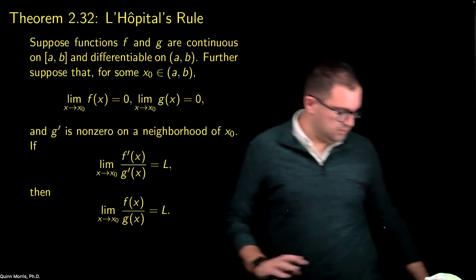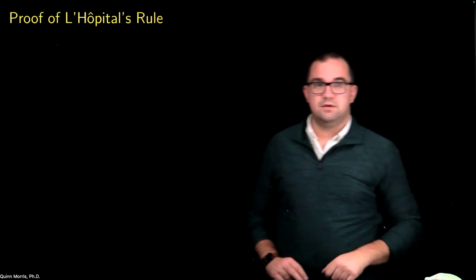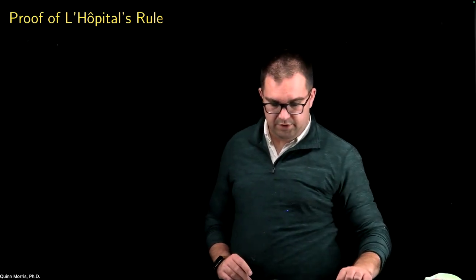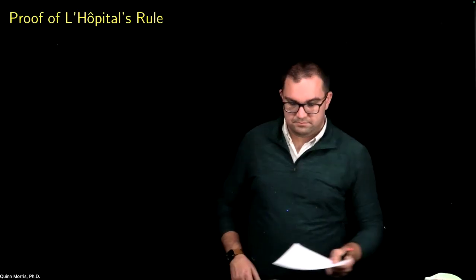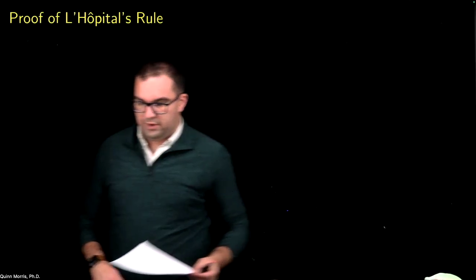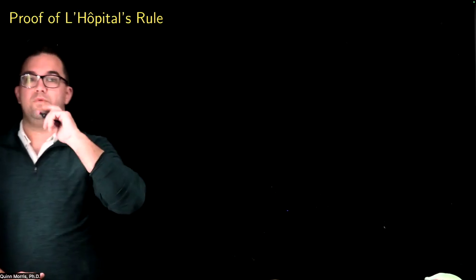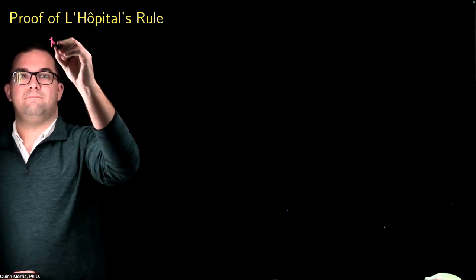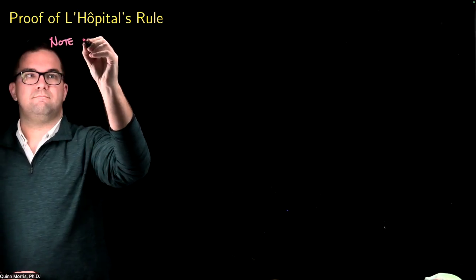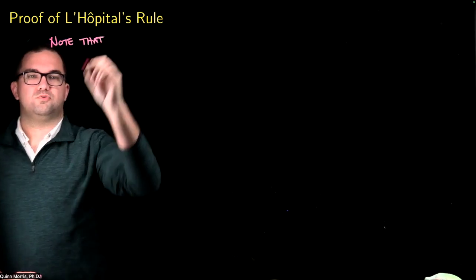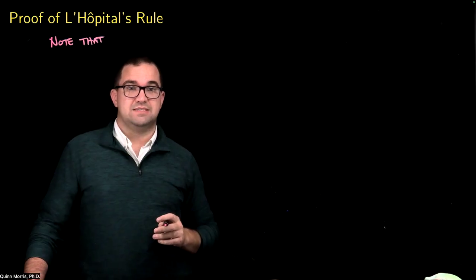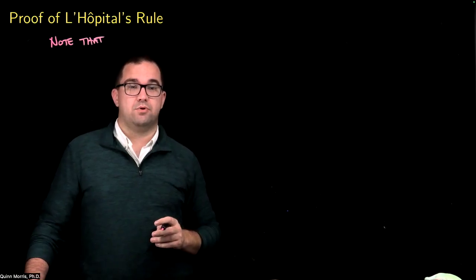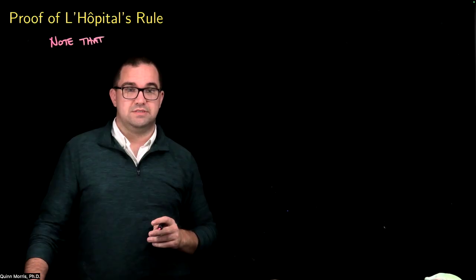All right. Now this is going to take a bit of room, so let's clear the board a bit here. To start with, let me note that our assumptions were that the limit as x approaches x naught of f of x is equal to 0, and the limit as x approaches x naught of g of x is equal to 0.